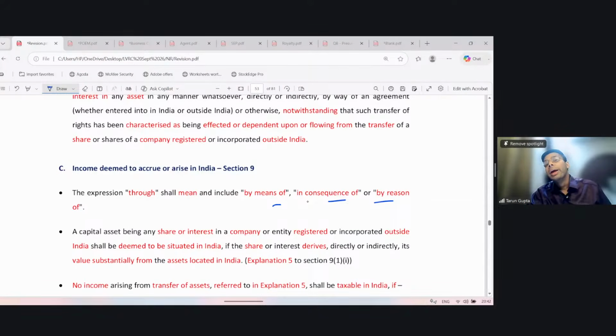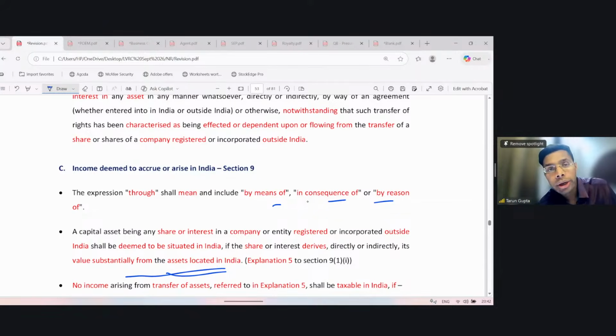Clear? It says the shares of a foreign company shall be deemed to be located in India if such shares derive directly or indirectly their value substantially from the assets located in India. In such case, shares of the foreign company shall be deemed to be situated in India, and capital gain on transfer of such shares shall be deemed to accrue or arise in India.